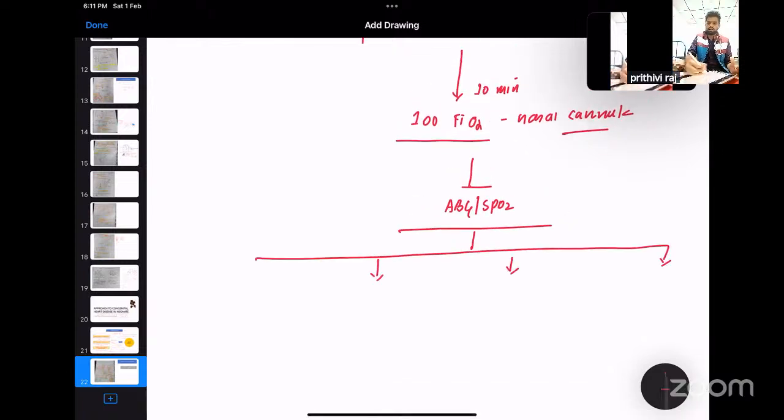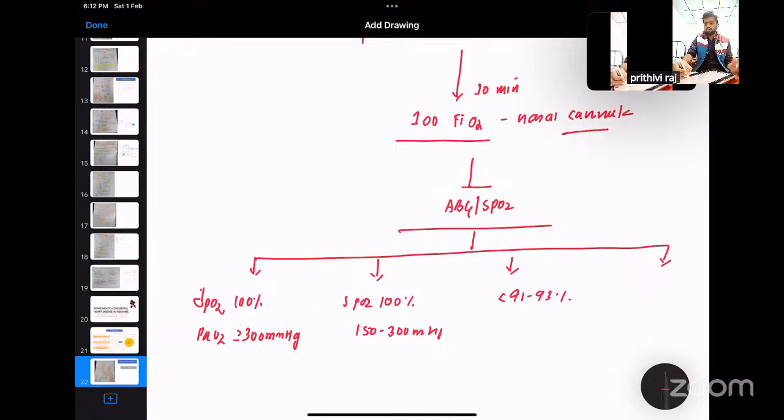What could be the possibilities? One is after giving oxygen, SpO2 becomes 100% and PaO2 is more than 300. In the second scenario, PaO2 is 150 to 300 and SpO2 is 100%. In the third, SpO2 is less than 91 to 93%.